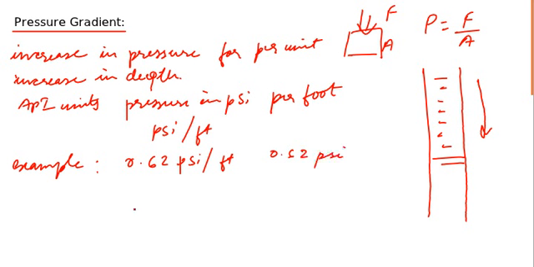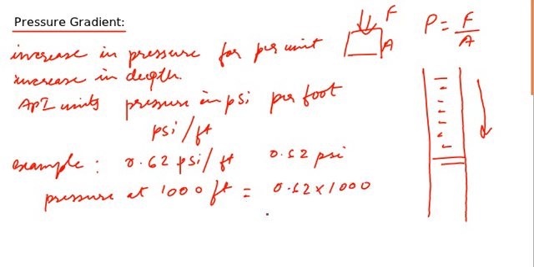If I ask you what will be the pressure at 1000 feet, so if for 1 foot pressure increases by 0.62 psi, for 1000 feet it will be 0.62 multiplied by 1000, that is 620 psi. So at a depth of 1000 feet with a pressure gradient of 0.62, pressure will be 620 psi.